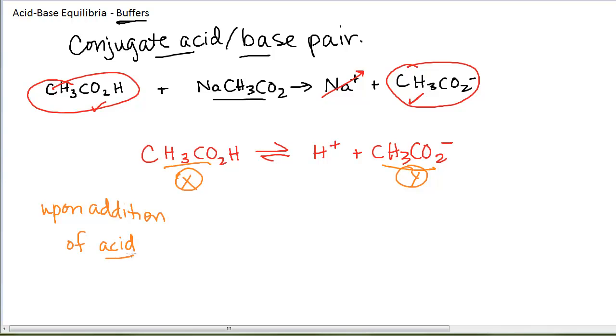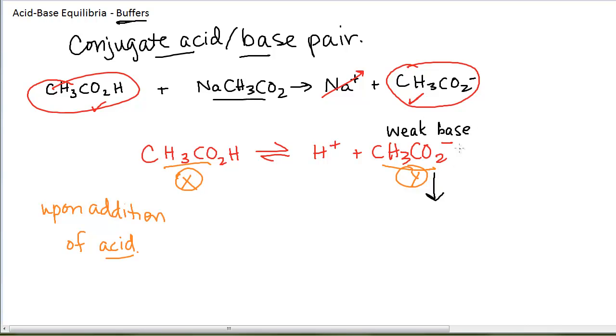For example, if I add an acid, a strong acid, let's say I add some HCl to this equilibrium reaction. Le Chatelier's principle says if you have a system at equilibrium and you stress it, the reaction will shift to relieve the stress. If I add an acid, that will have the effect of removing some of my acetate ion because my acetate ion is a weak base.